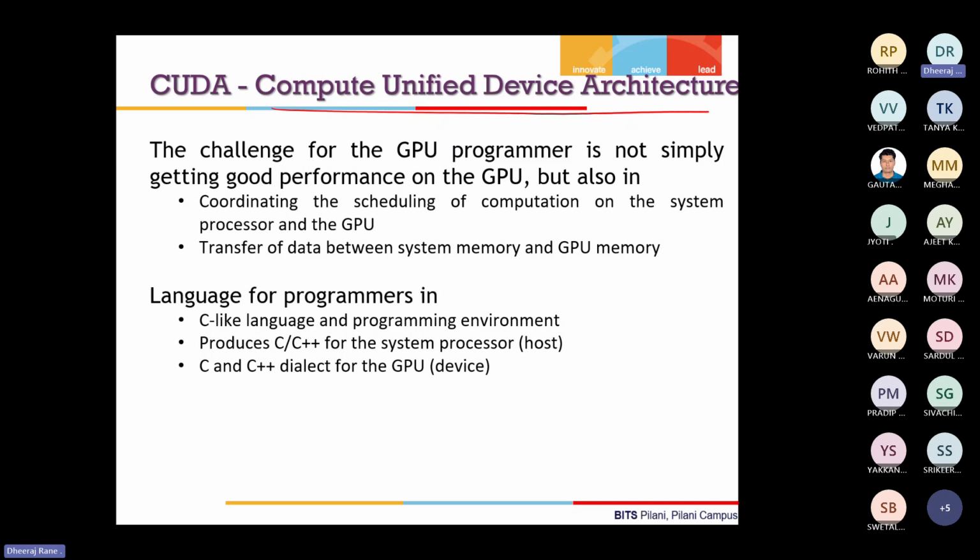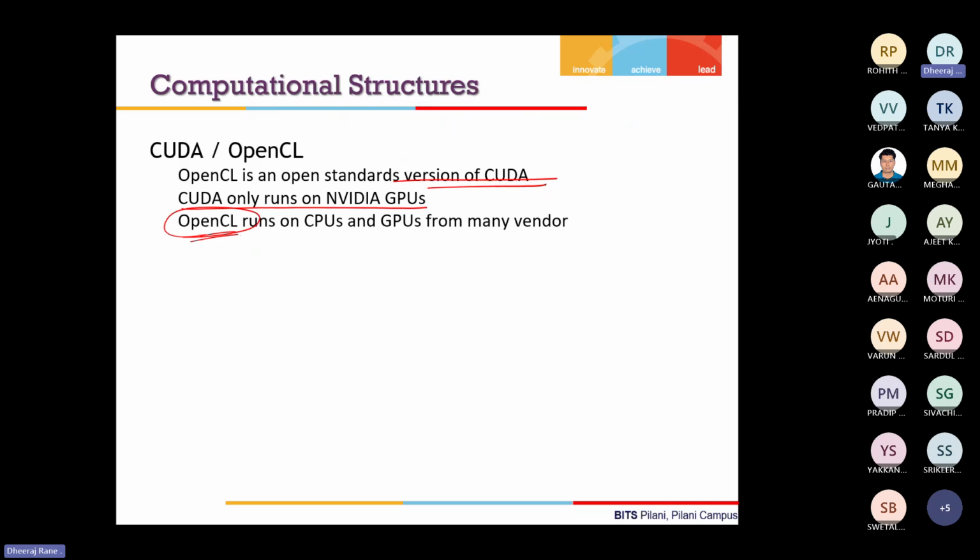So if you would like to efficiently utilize the NVIDIA GPUs, this Compute Unified Device Architecture, that is CUDA programming, can be used. OpenCL will run on CPUs and GPUs from many vendors, while CUDA will only run on NVIDIA GPUs.